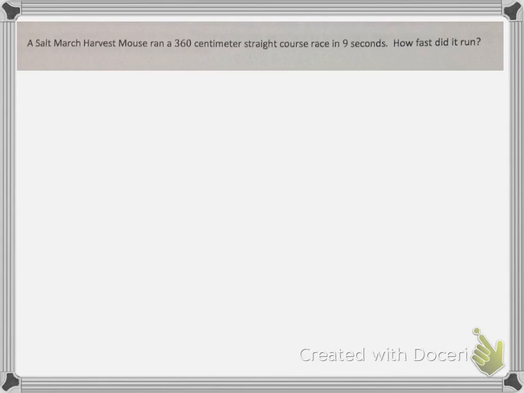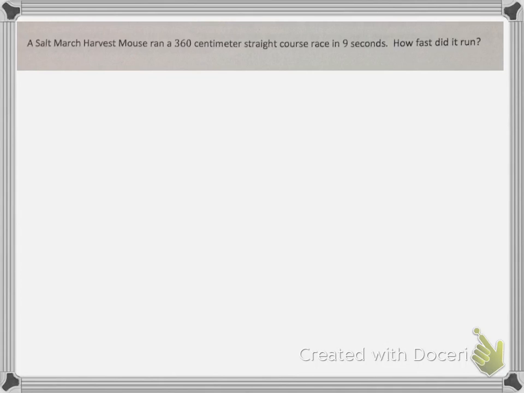A Salt Marsh harvest mouse ran a 360 centimeter straight course race in 9 seconds. How fast did it run? Well, when we want to know how fast something is moving, in this case a mouse is running, we want to know how much distance it's traveling in a certain amount of time.